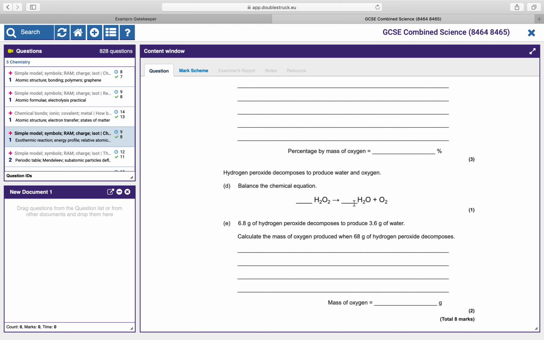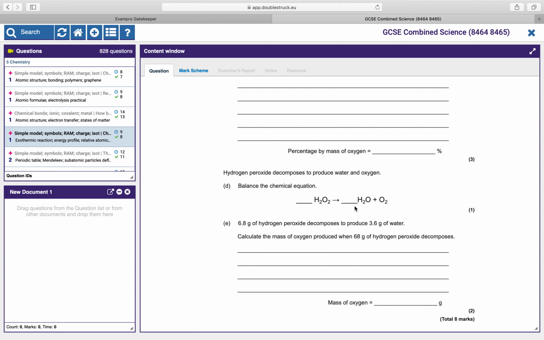It'd be 2 lots of H2O, so 2 times 2 hydrogens is 4 hydrogens, and 2 times oxygens, there's only one oxygen there. 2 times that is 2 oxygens, but then you've got these 2 oxygens as well, so you add these 2 and it makes 4. I'm gonna do a video on balancing equations, because a lot of people can get confused on that. There are tons on YouTube though, so I recommend you have a look at that.